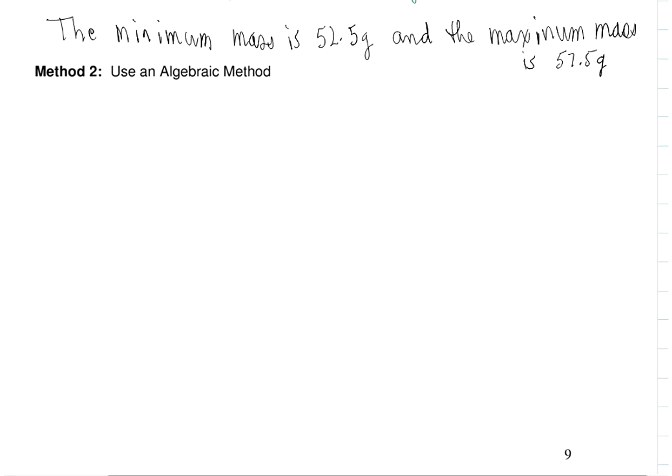All right, so let's take a look at this algebraically. We already have our absolute value function, which is absolute value of m minus 55 equals 2.5. Remember we have two cases. Case 1, where we want to take a look at where m minus 55 is positive, so greater than or equal to 0.